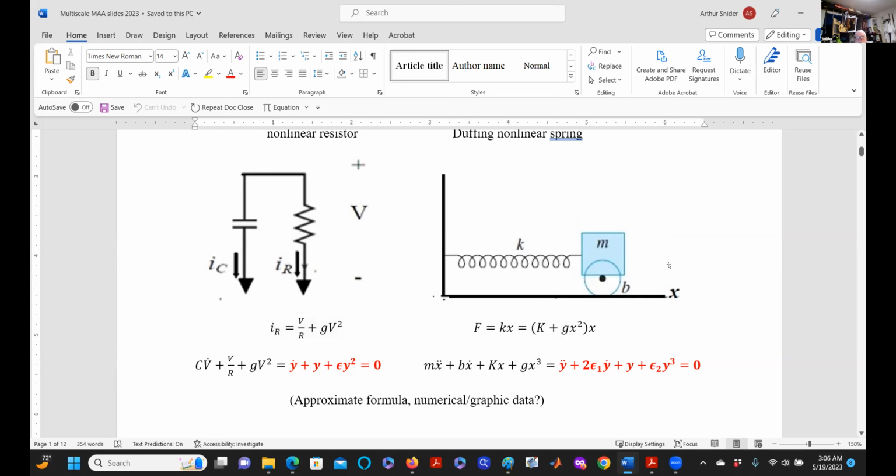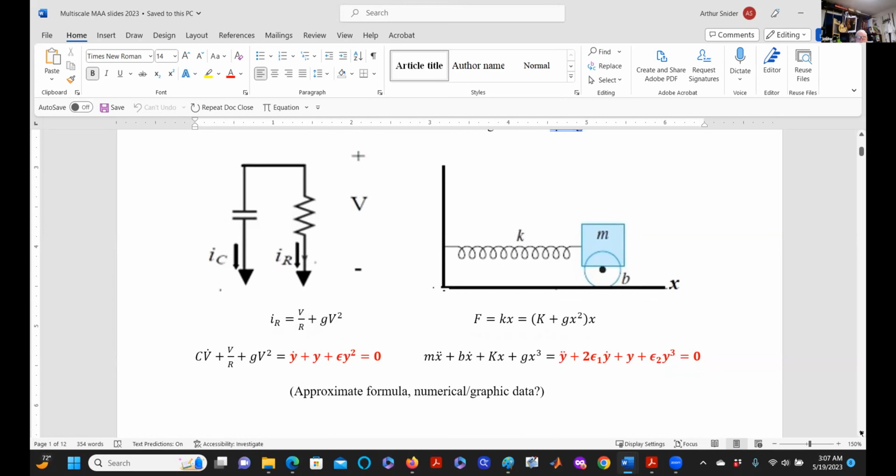And this is the classic mass spring oscillator, but the spring constant here is not really constant. As the spring stretches, the stiffness becomes higher. And so this is the Duffing nonlinear spring model. And we'll be looking at these.